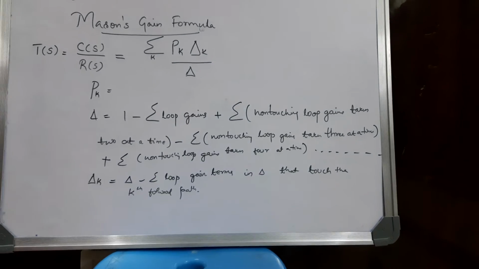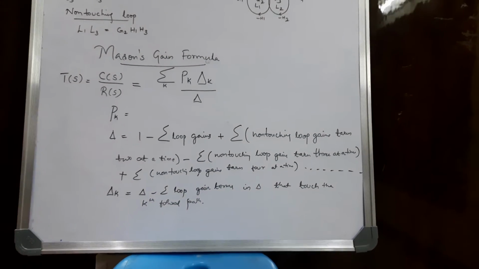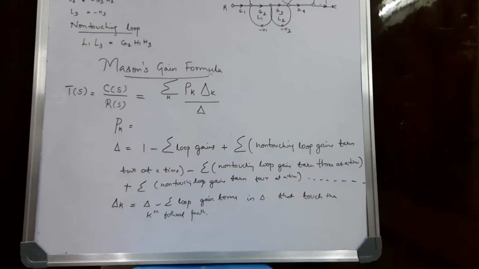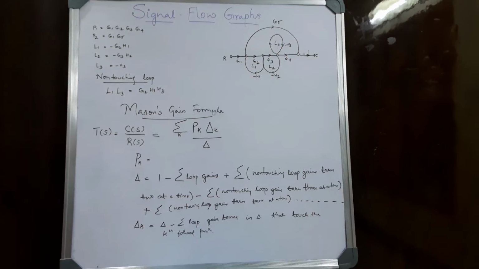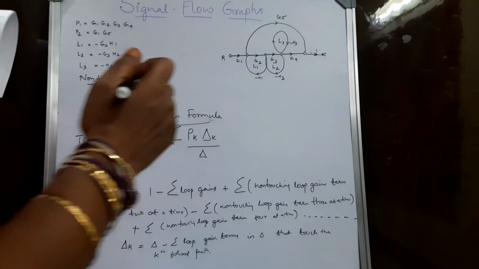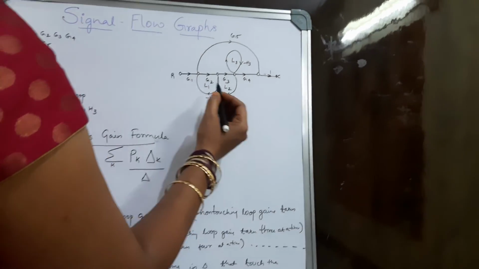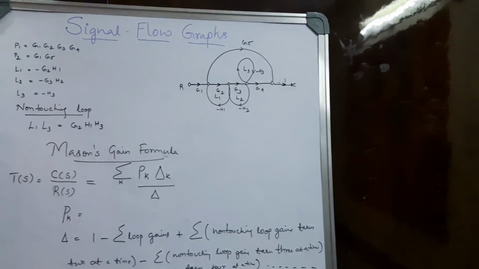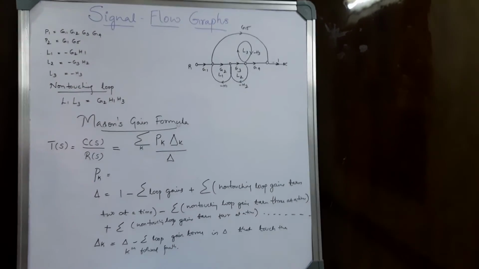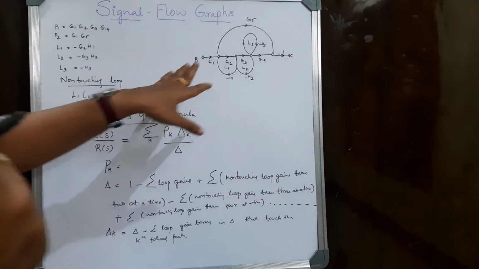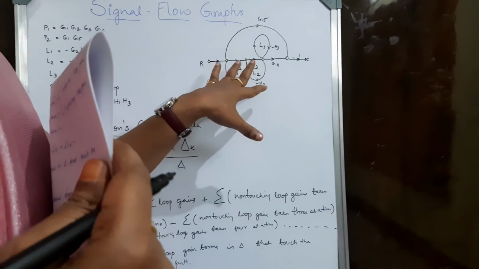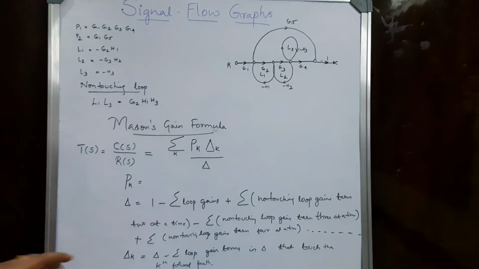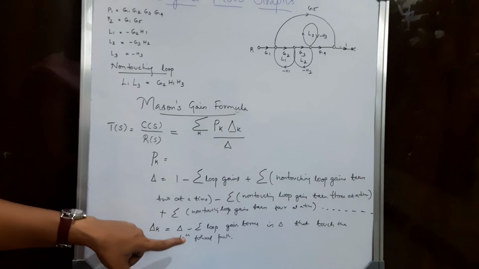In other words, we can define this delta k as obtained from delta by removing the loops that touch the kth forward path. So same as delta, but we need to take the loops that touch the kth forward path. Those loops which are not touching to each other, we need to discard. This is how the delta k is found out.